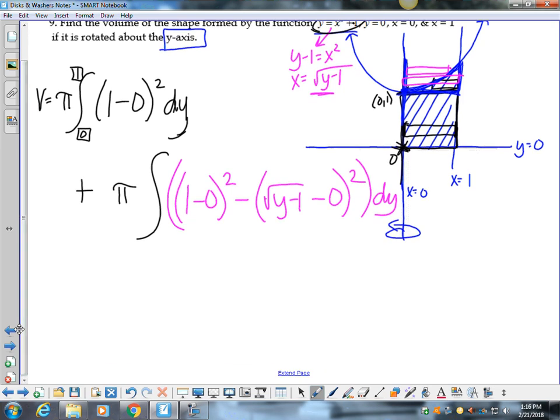Okay, so now I'm going to clean up. One squared is 1. Careful here.